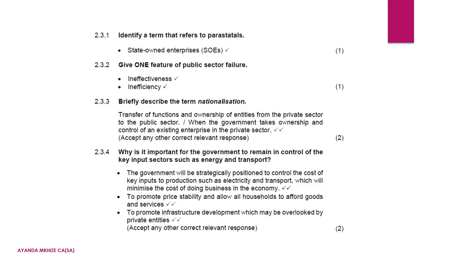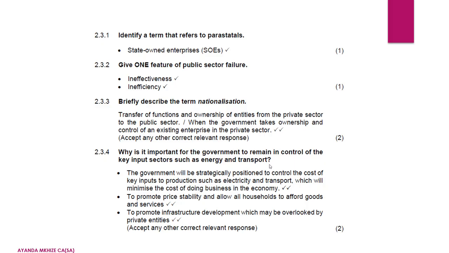You remember I made an example of government deciding that they want to take over Capitec. So in that case, they are privatizing Capitec. And when we're looking at the transfer of ownership here, it is therefore correct what we explained when we were going through the question.